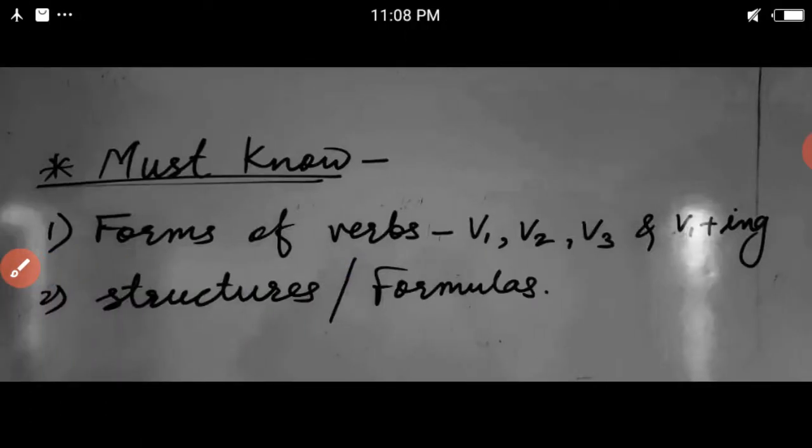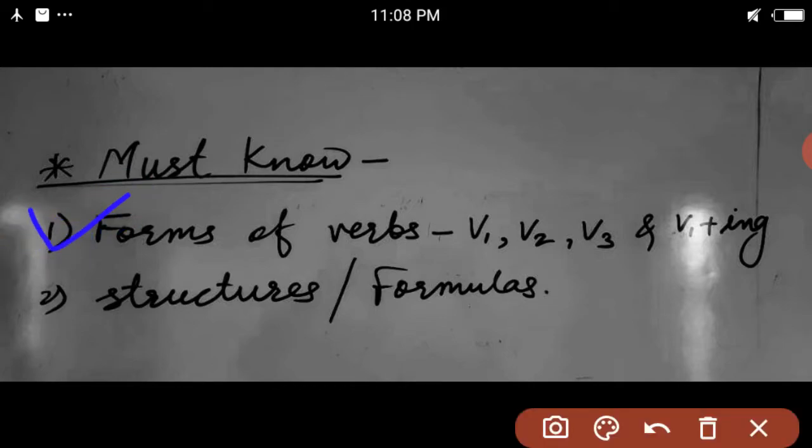Let us see what we must know when we are going to learn tenses, and if you want to change the sentence of any tense into another, what must you know? That is given over here. So first, what must you know? That is forms of verbs. What are forms of verbs?